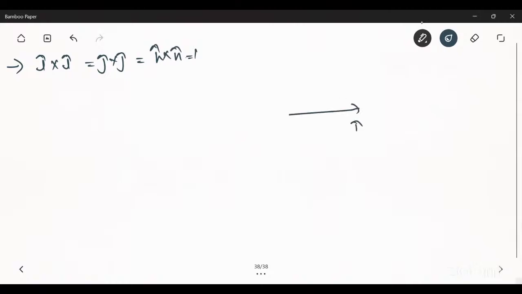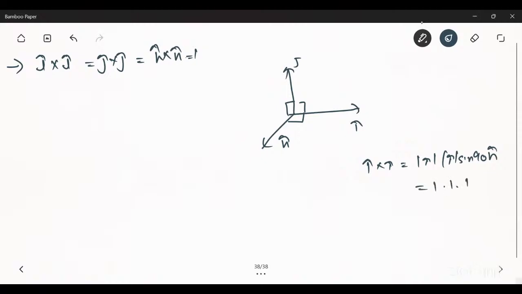I, J, K are the perpendicular axes, and the angle between them is 90 degrees. For the angle between I and I, the formula gives mod I mod I sine theta n cap, and the angle is 0, so sine 0 is 0.